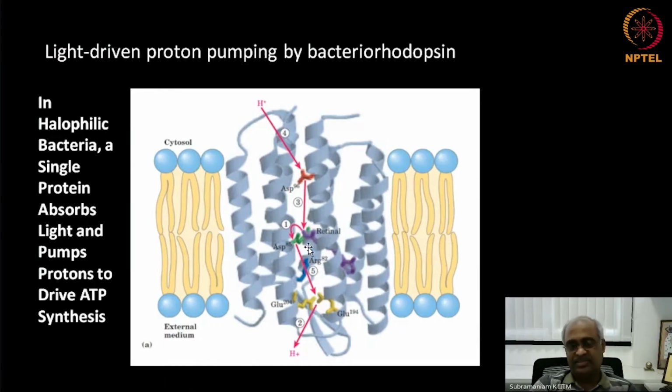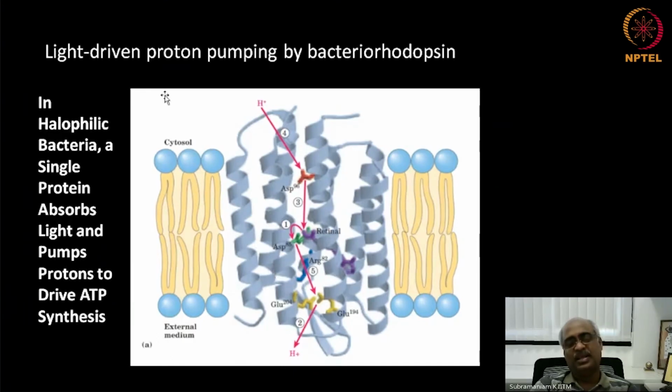Instead, this cis-trans isomerism happening due to light absorption by this retinal is used to alter the conformation of this protein such that the amino acid side chains end up donating, accepting protons, and eventually leading to proton pumping.